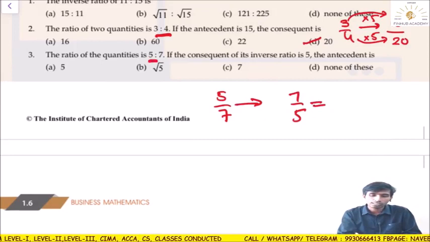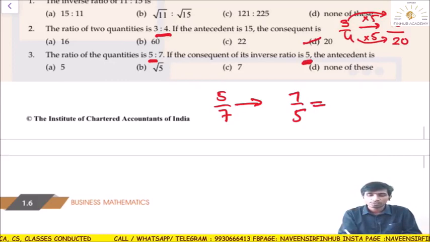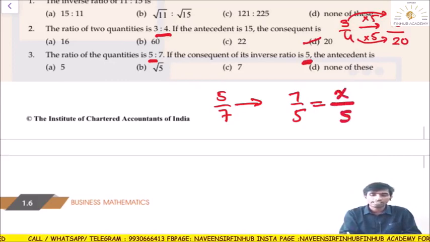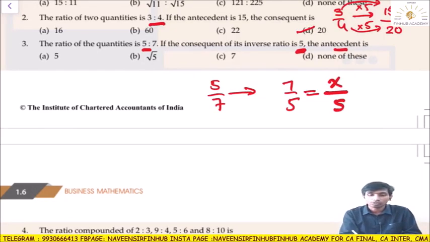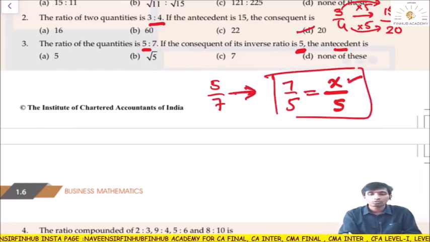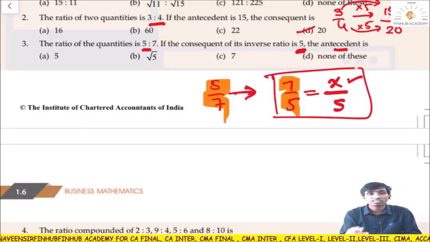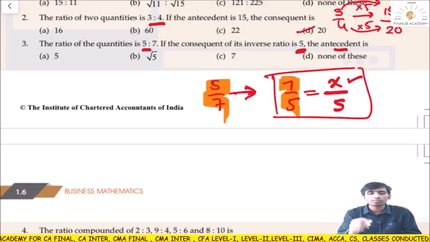If the consequent of its inverse ratio is 5, here it will be 5 and here it will be x. Then what is the antecedent? Please understand this, very tricky question. You have to make the inverse, then find the equivalent ratio where the consequent will be 5.